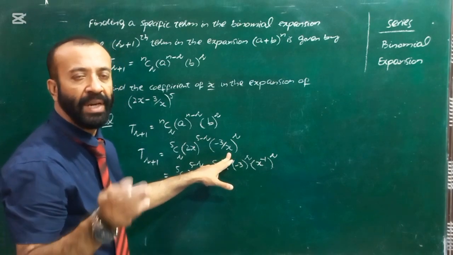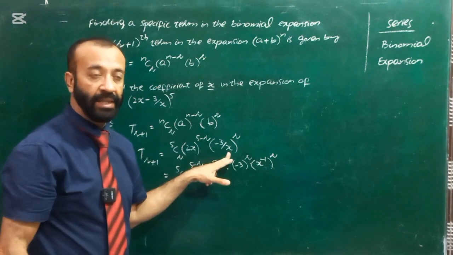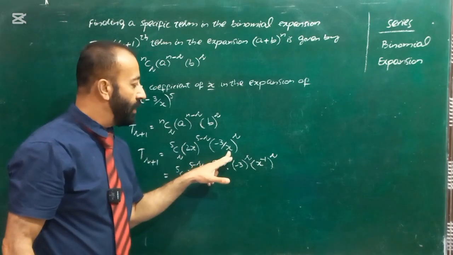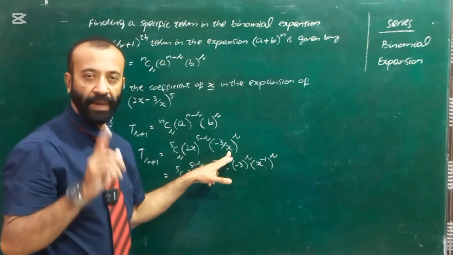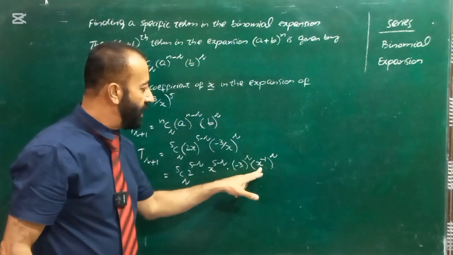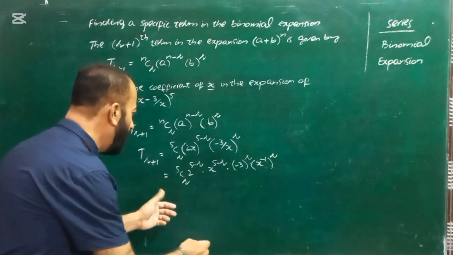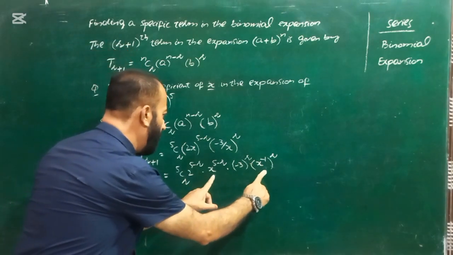Anything which goes from numerator to denominator or from denominator to numerator, the power sign is changed. So in the denominator, x power is 1. When it goes to the numerator, the power of the x will become minus 1.